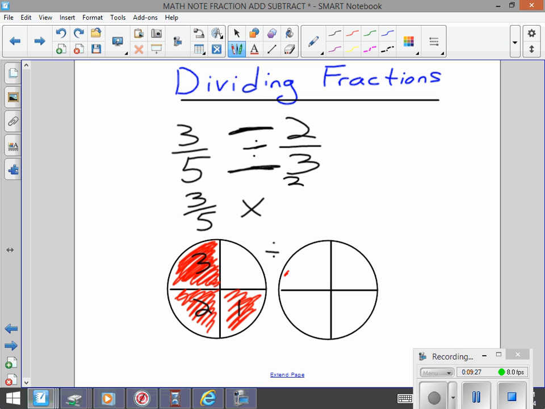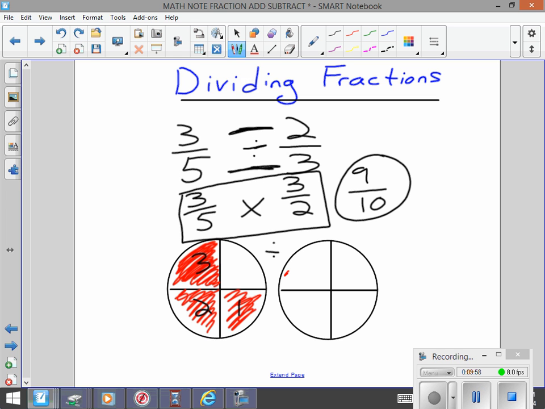So if we do the opposite of our second fraction, they will cancel out. And by getting the opposite, I just mean we're going to flip it. Instead of 2 over 3, we're going to have 3 over 2. Okay, and then you treat this the exact same as one of those multiplication questions. We're going to multiply our numerators, which would be 9, and multiply our denominators, which would be 10. And that's it. That's all you're going to get.